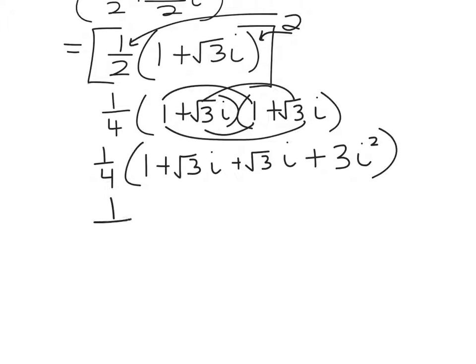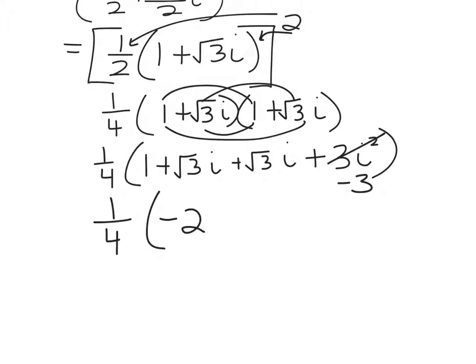So I still have that 1/4 out front. This 3i squared is -3. And I can always combine that with the first part. So 1 minus 3 is -2. And here's the part where people got really upset first period. What's 1 √3 i plus another √3 i?